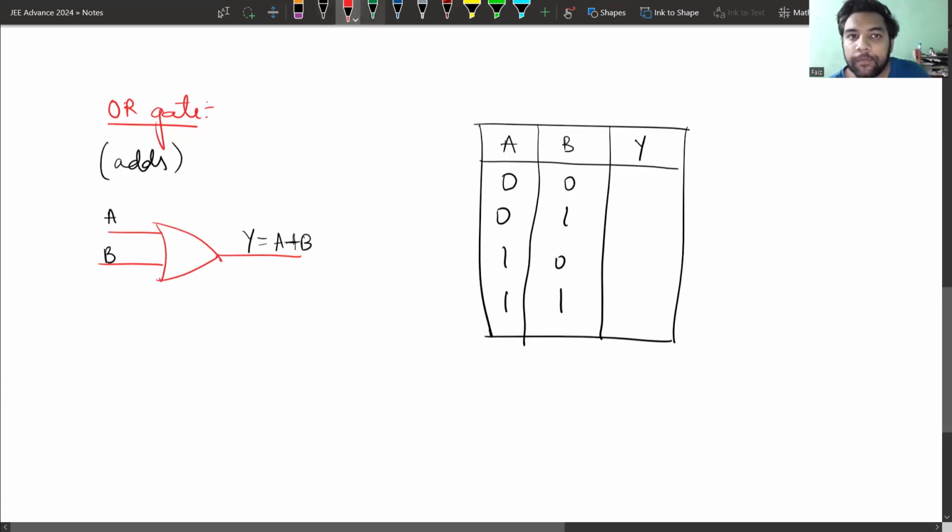Now, what will be the output? 0 plus 0 is 0, 0 plus 1 is 1, 1 plus 0 is 1, 1 plus 1 in binary is also 1. It is not 2. Just remember that. Okay. So which one is the unique value? Can you tell me? The unique value is 0, right? 0 is the unique value. And what are the corresponding inputs to give this unique value? Those are 0 and 0. Hopefully this is clear, right?